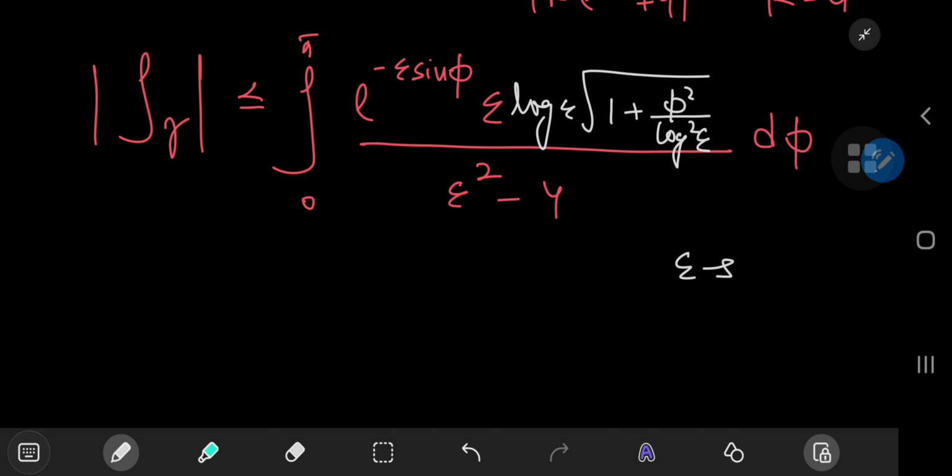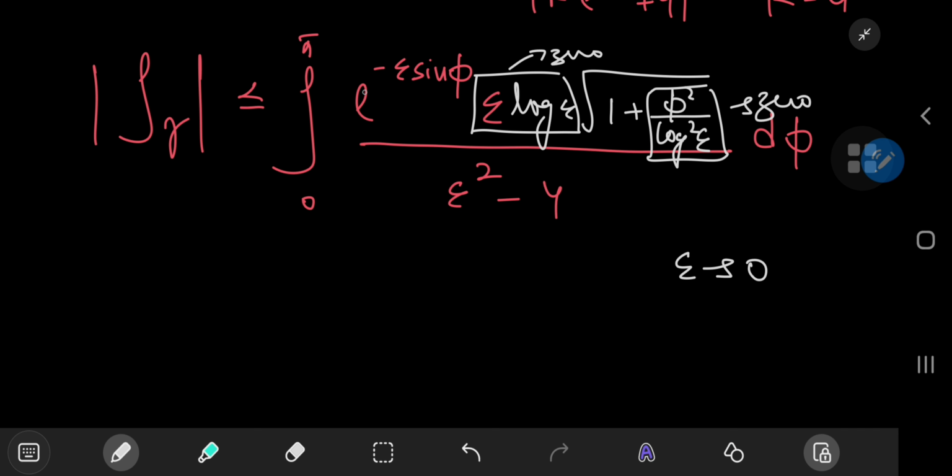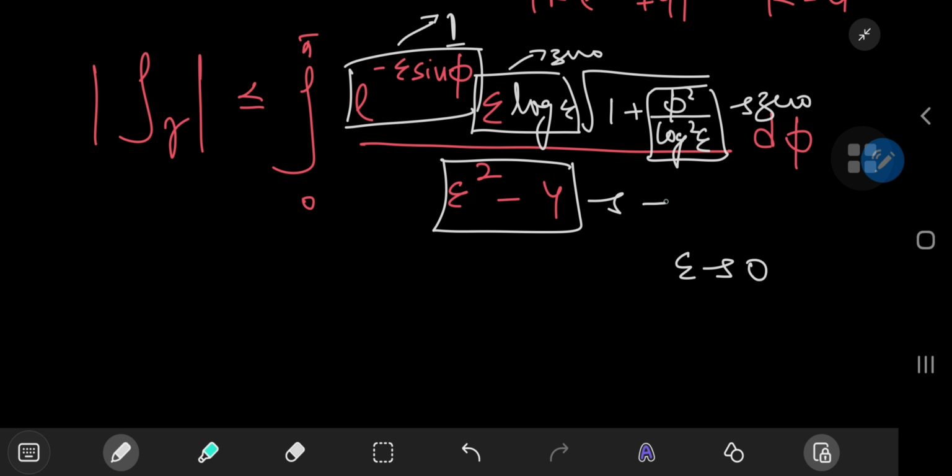And in the limit as epsilon goes to 0, this term here goes to 0. And using L'Hopital's rule, you'll find out that this term here also approaches 0, and e to the negative epsilon times sine phi approaches 1. Okay, cool. And the denominator just approaches -4.